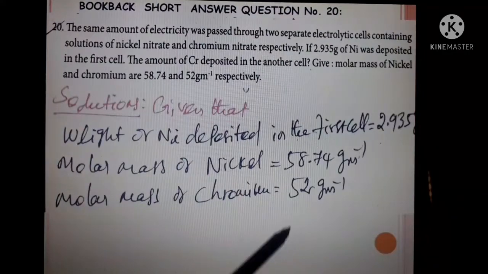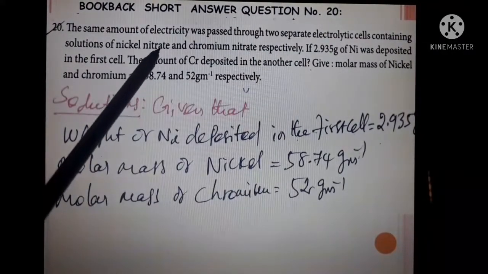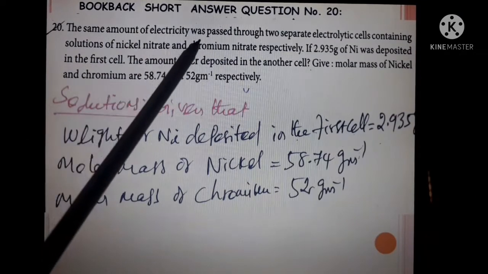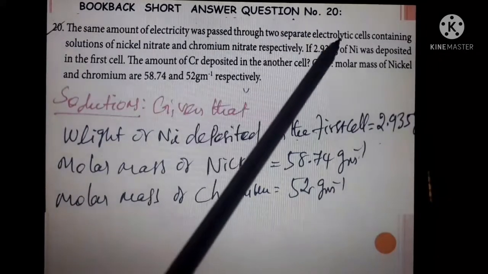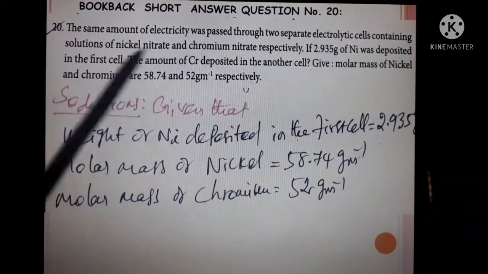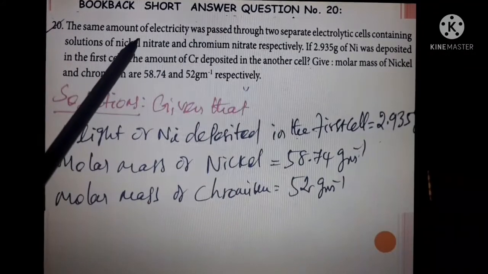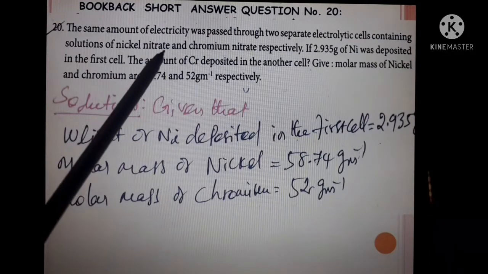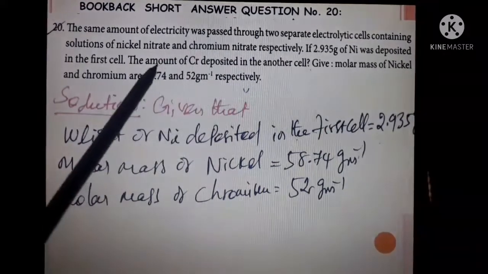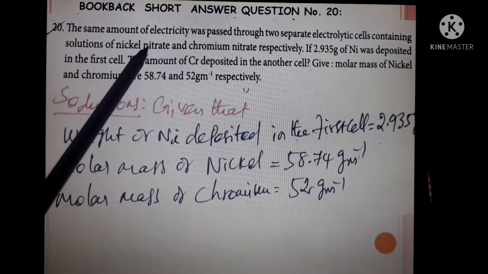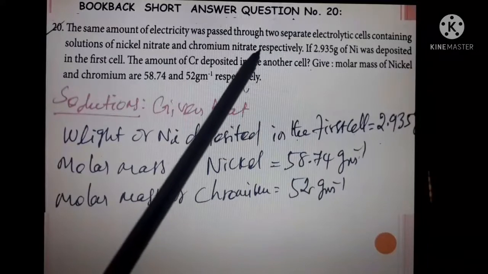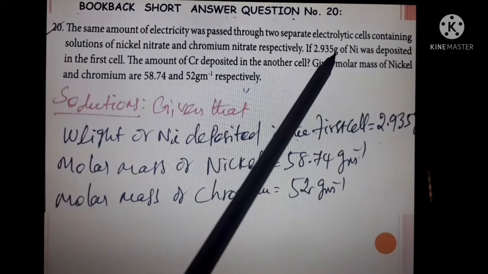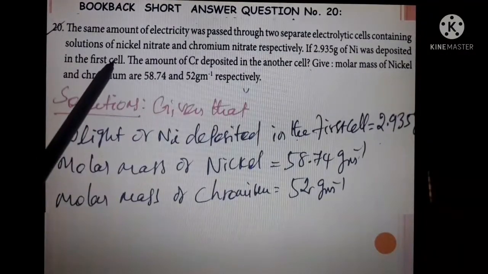Next problem, the 20th problem. The same amount of electricity was passed through two separate electrolytic cells, cell 1 and cell 2, containing solutions of nickel nitrate and chromium nitrate respectively. 2.935 gram of nickel is deposited in the first cell.